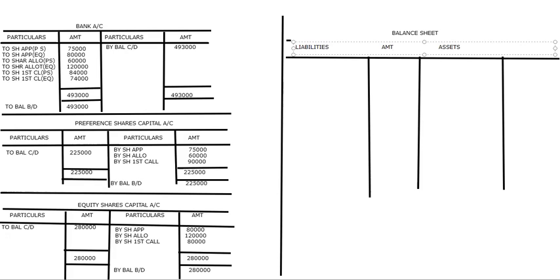So liabilities, amount. Now here first we know we have prepared bank. So once again we need not prepare anything. So simply first we are going to fill up the bank account.